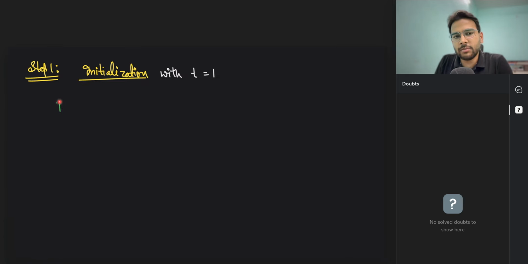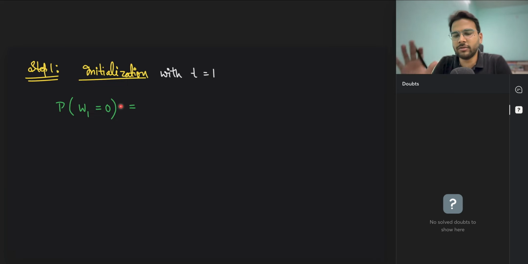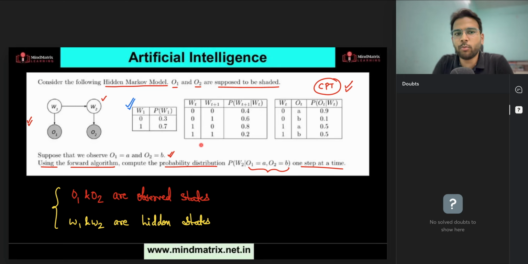So carefully see this. Can I say the probability of W1 equal to 0 is given to us? I'm writing all the information which we have here in the table so that we can solve this question step by step and understand it clearly. So probability of W1 is equal to 0, what is that? That is 0.3.